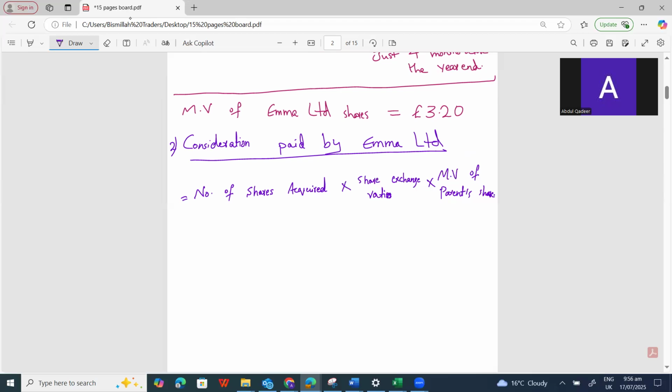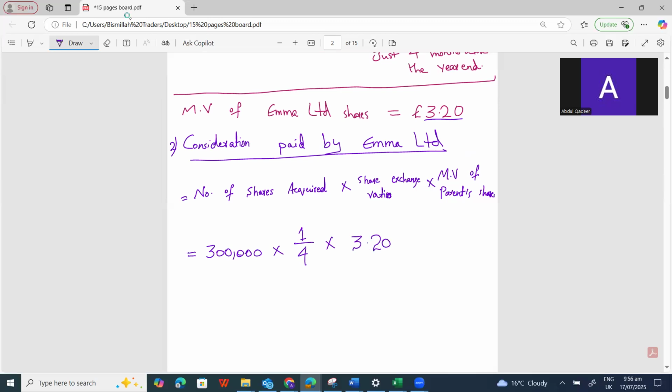Now, the total number of shares: EMA Limited has purchased 300,000 shares of Julie Limited, the share exchange ratio is 1/4, and the market value we just dealt with is 3.20.